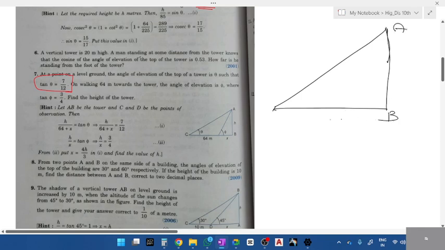Okay. Which is the vertical tower here? A tower will always be straight, right? Good. 20 meters. Next. Read the second one.